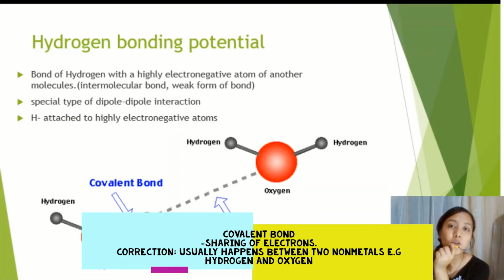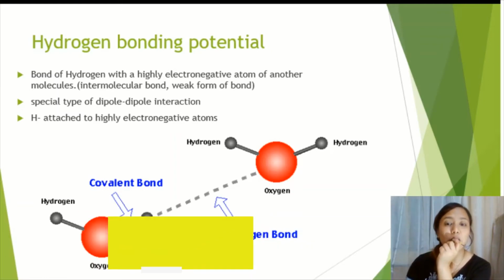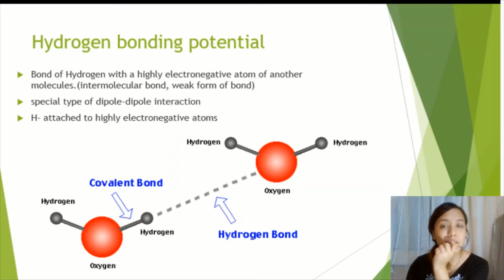So it happens usually with a metal and non-metal, but not all the time. Because as you can see, hydrogen and oxygen are not metals in your periodic table. So when you look at it, hydrogen and oxygen are both non-metals, but they actually differ when it comes to the number of valence electrons. Chemistry review: these are your electrons found in the outer shells of your atom.